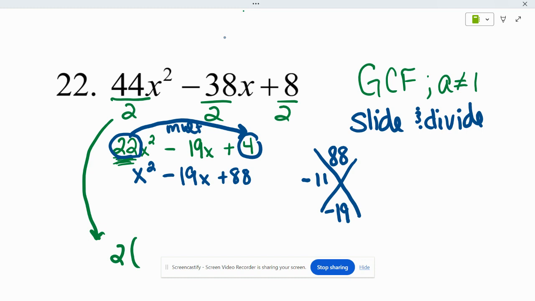Negative 11 and negative 8. Good job. X minus 11 times x minus 8. Are we done?